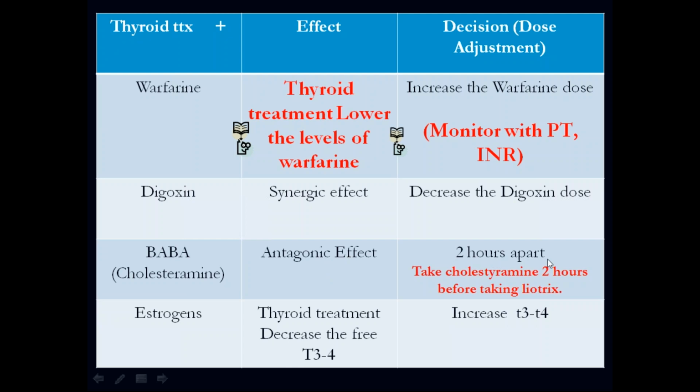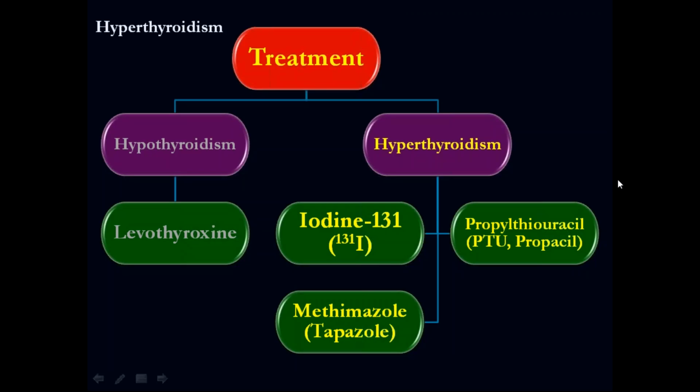We need to take it 2 hours apart: take cholestyramine 2 hours before taking Synthroid. And estrogens with thyroid treatment decrease the free T3, T4, so what we need to do is increase the T3, T4. All of these are high yield for NCLEX. Estrogens, I didn't put it here, it's in red too, but these two, warfarin and estrogen, are the common ones that we need. You must remember, please, okay?